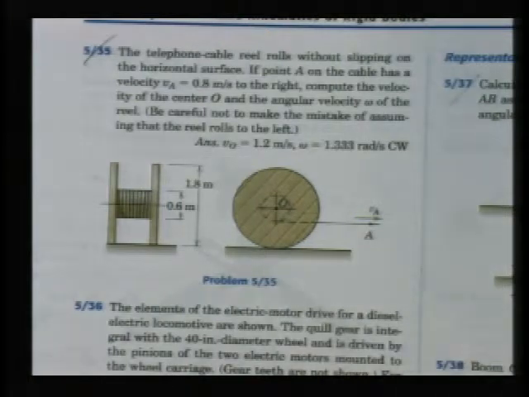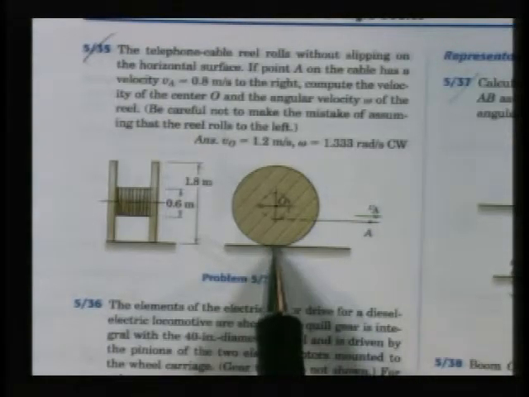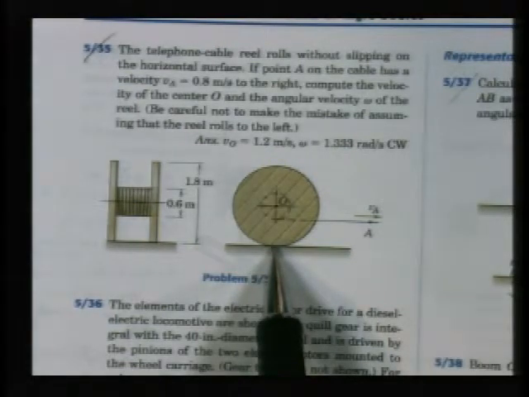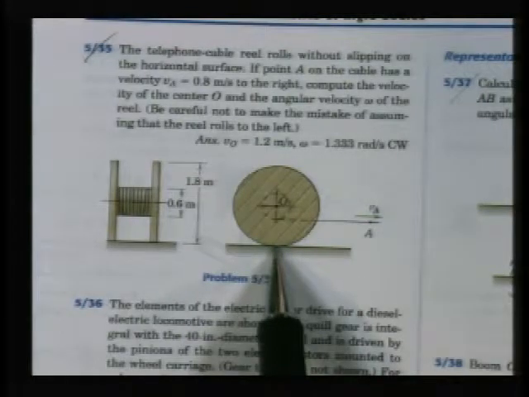Except for you folks. You wouldn't think of that, would you? You know it's going to go to the right. Why do you know it's going to go to the right? It's not slipping, so this point right here, where my pencil point is, is momentarily at rest.